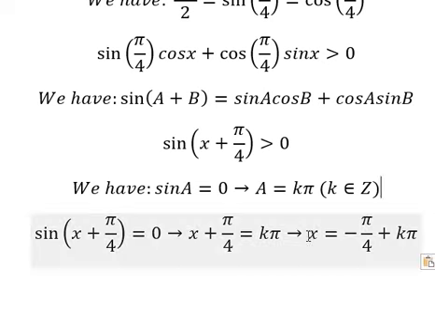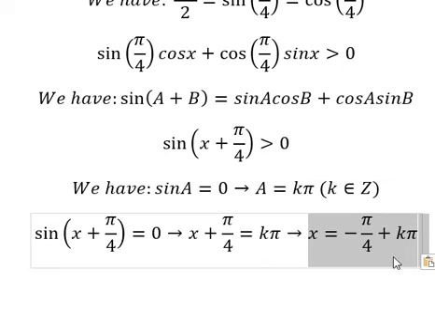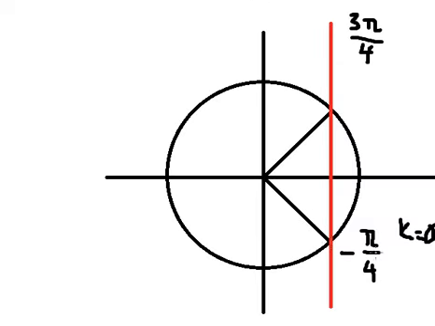Now we need to graph this one. So this is the graph. We see that when k equals number 0, that is this one. So we have x equal to negative b over 4. So this is this location.